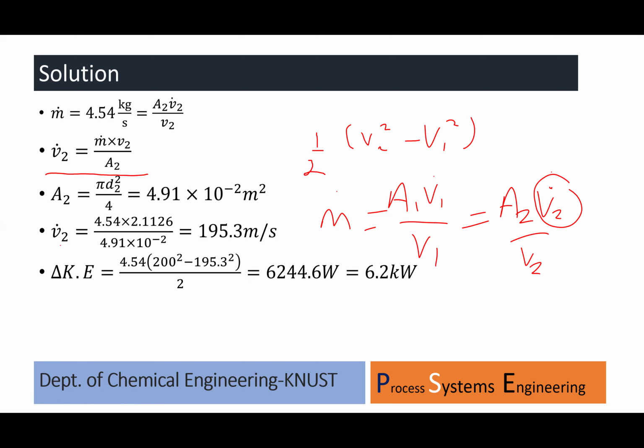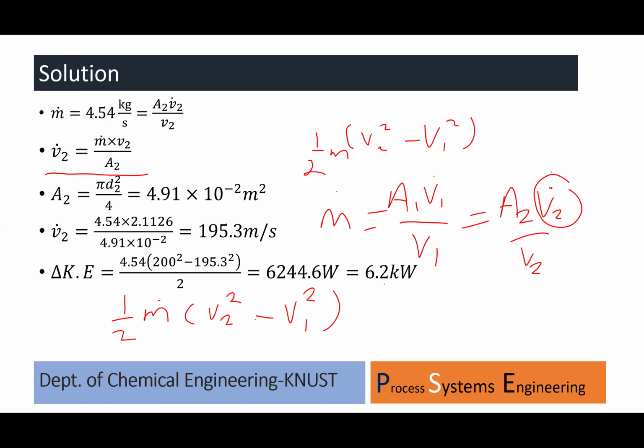So we just know that a change in our kinetic energy is going to be half times our mass flow times the V2 squared, that's the outlet, minus the V1 squared. And when I do that, I'll get my answer in watts, right? And I can change it to kilowatts.